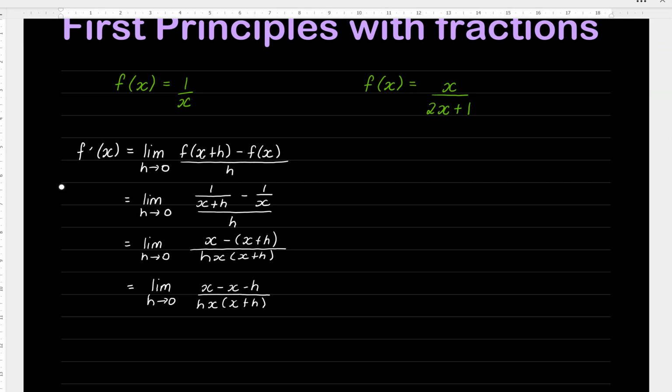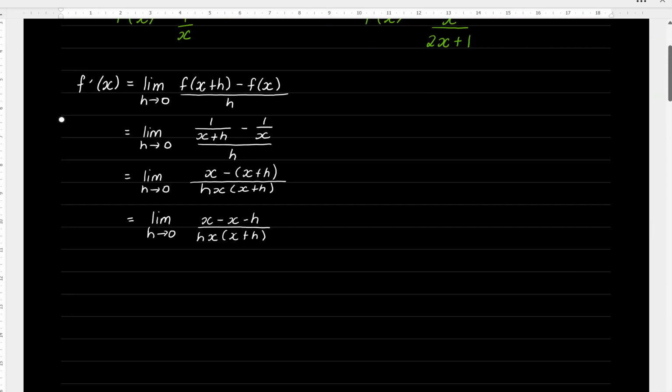Okay, and remember, if we want to cancel stuff out, it has to be being multiplied together. Otherwise, we can't factorize. So x take x, they cancel out, so I'm left with minus h over h and x plus h. And this is looking pretty good because I can clearly cancel out this h from the top, this one from the bottom, and now I can make h equal to 0.